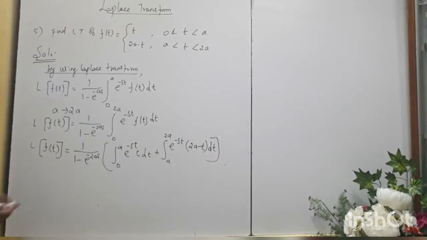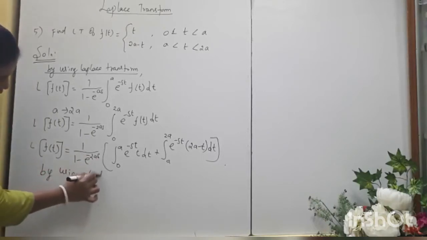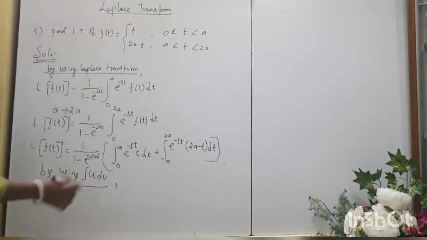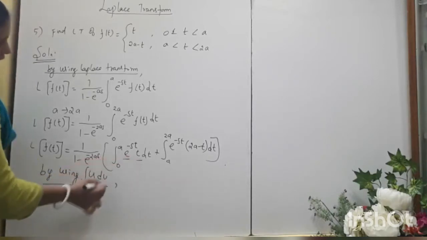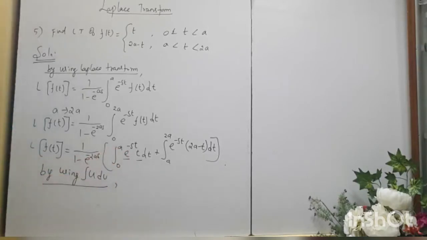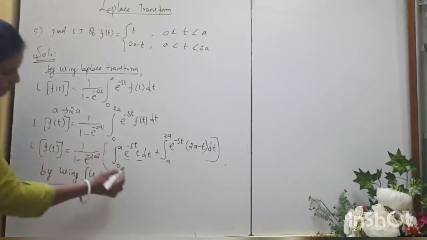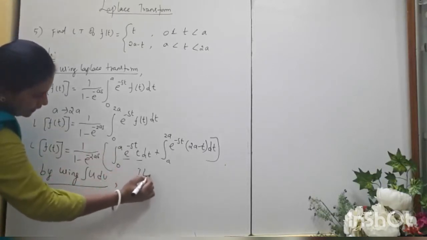Here now we are using the u dv formula. This is how to select which one is u and which one is dv. So you use ILATE.